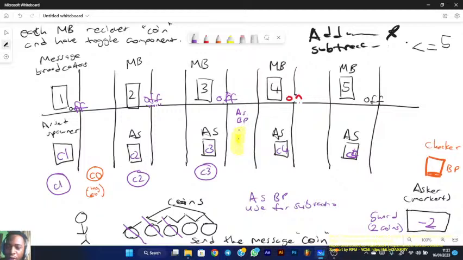This asset spawner basic platform receives that -2 message and spawns a basic platform that moves to the left by 2 blocks. And as it moves, it deletes the coins that it meets on its way.